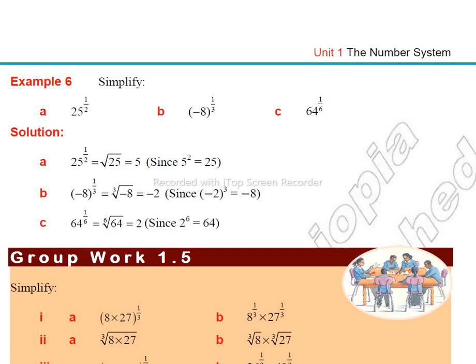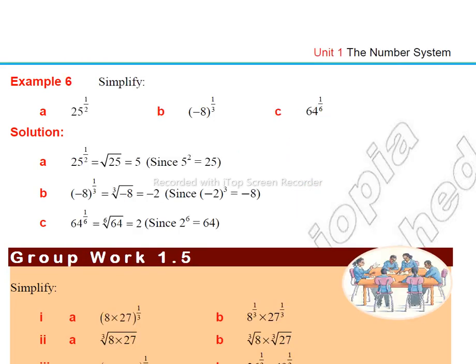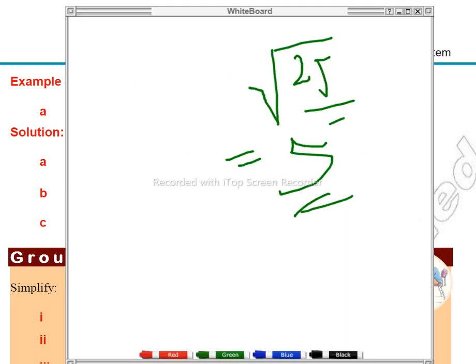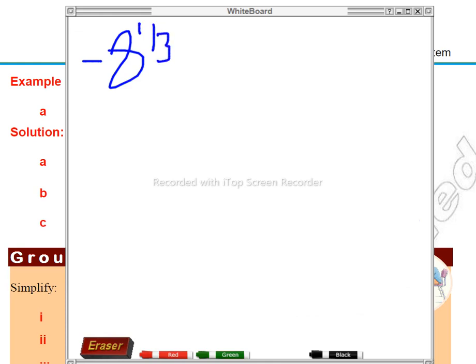And negative 8 to the power of 1 over 3. Let us simplify this. Negative 8 to the power of 1 over 3 means the cube root of negative 8.